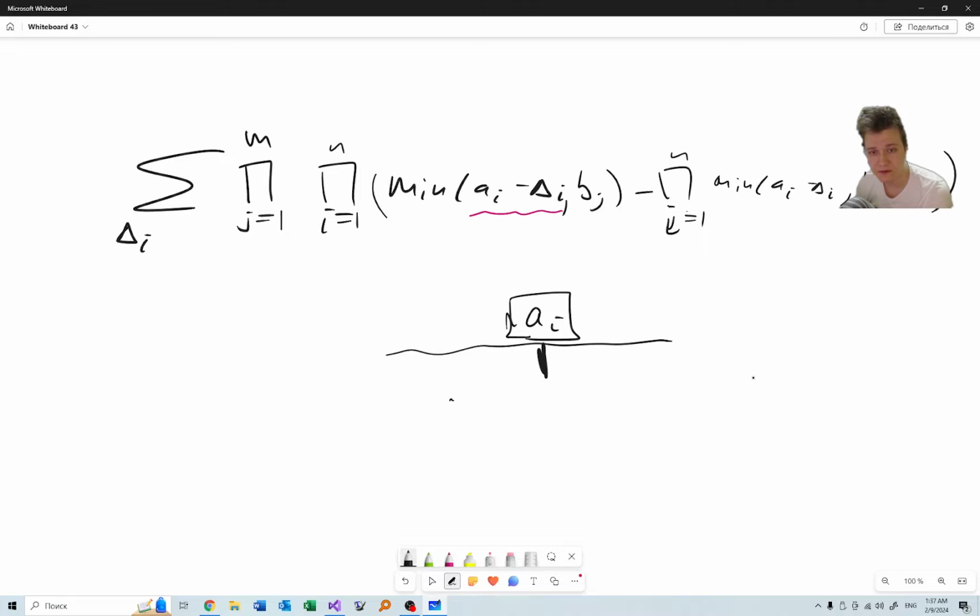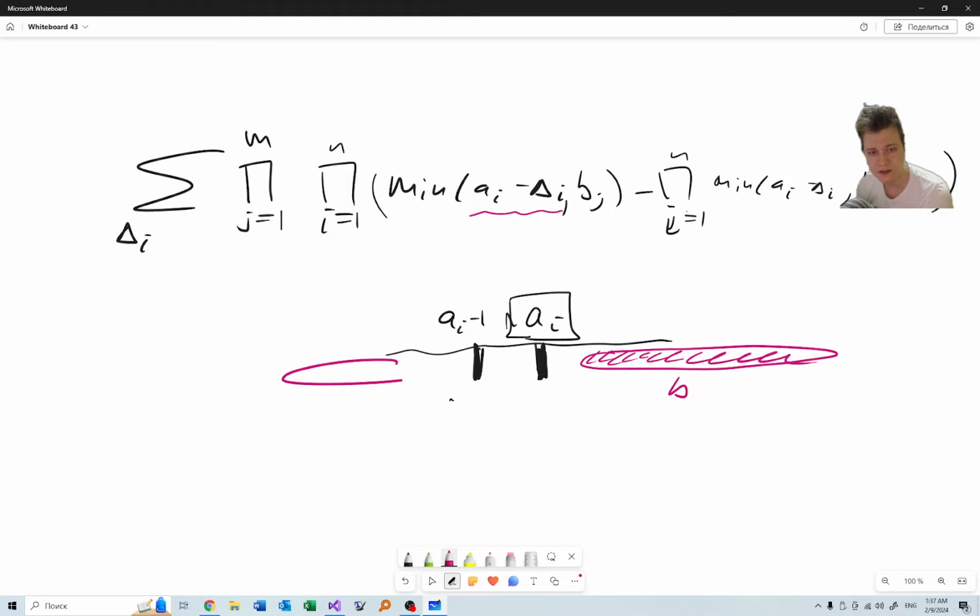So on the number line, here is ai minus 1. So there are bj's which are here. Actually, let's assume that they are in decreasing order.